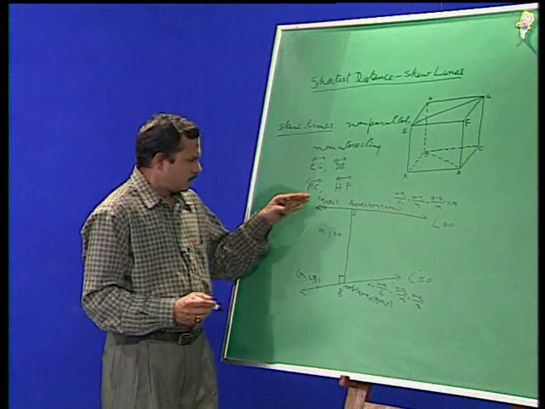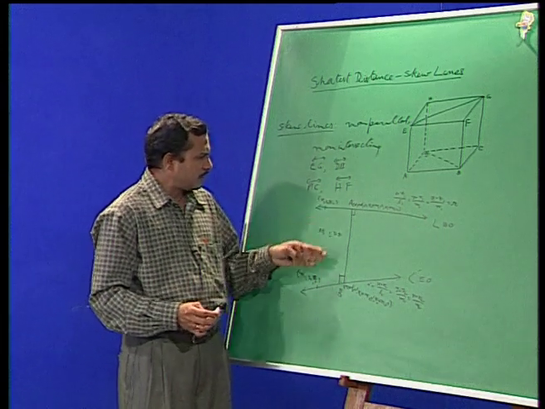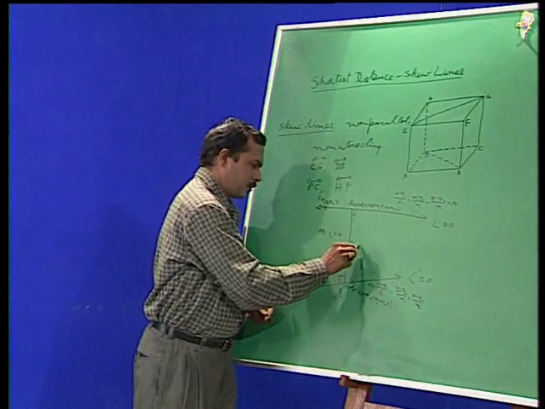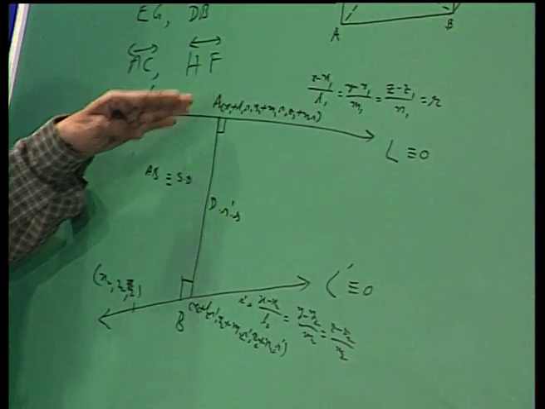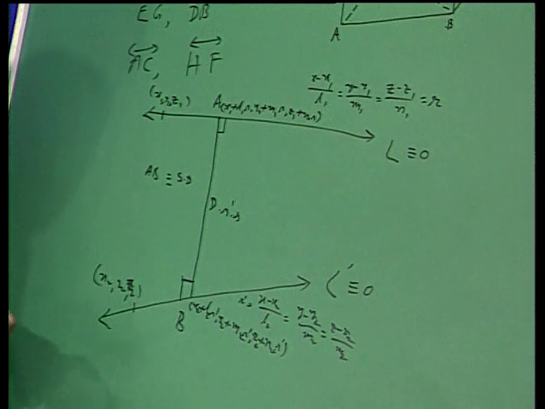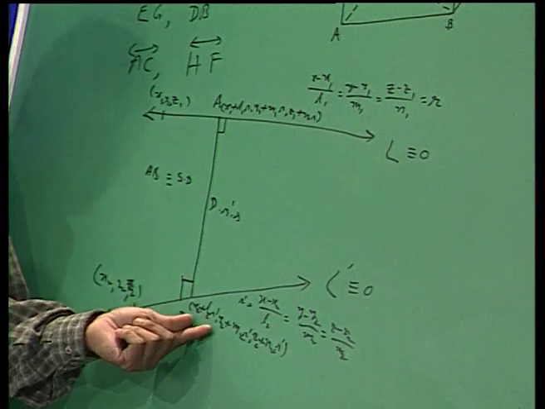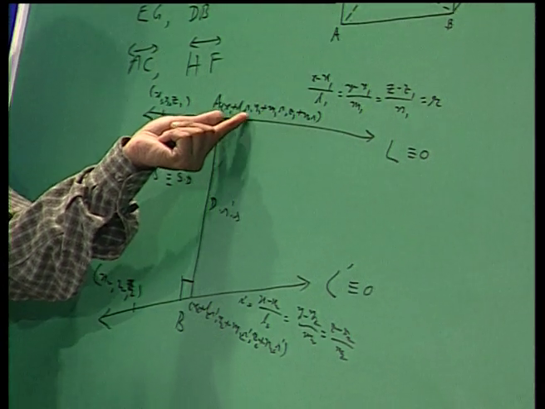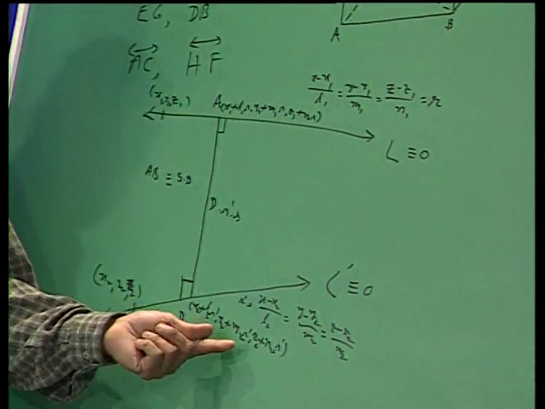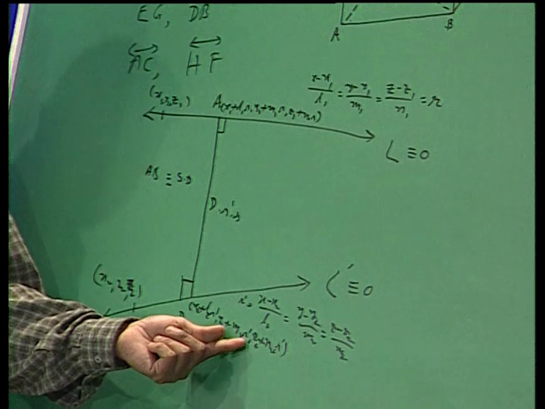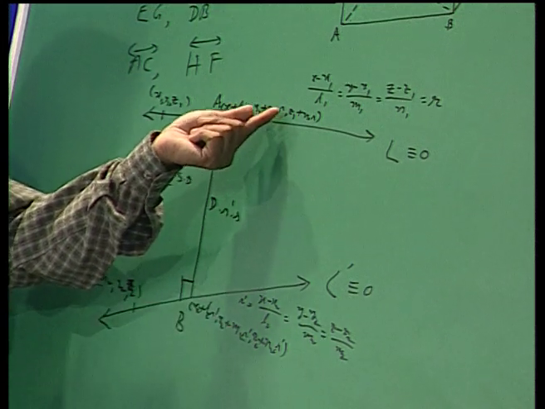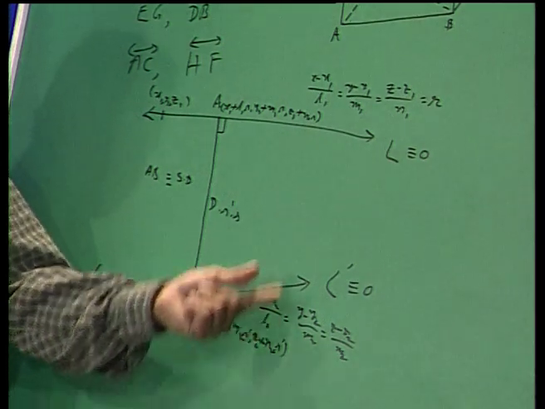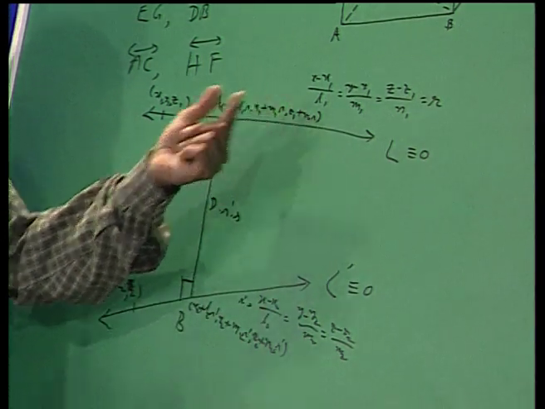Now, we can find the direction ratios of the line segment AB. The direction ratios of the line segment AB become x2 plus L2 r dash minus x1 plus L1 r, and y2 plus M2 r dash minus y1 minus M1 r, then z2 plus N2 r dash minus z1 minus N1 r.